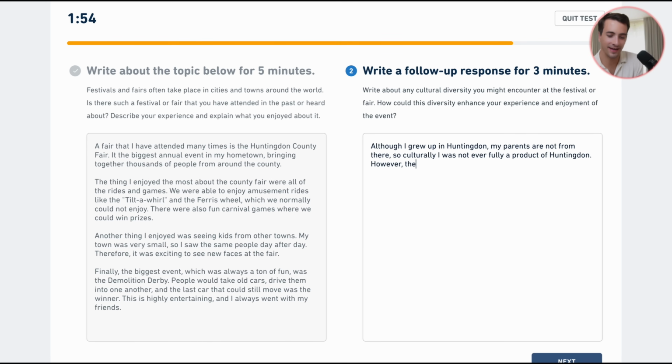However, the county fair was the biggest cultural event in the county, which means that it was the biggest demonstration of the culture of where I grew up.